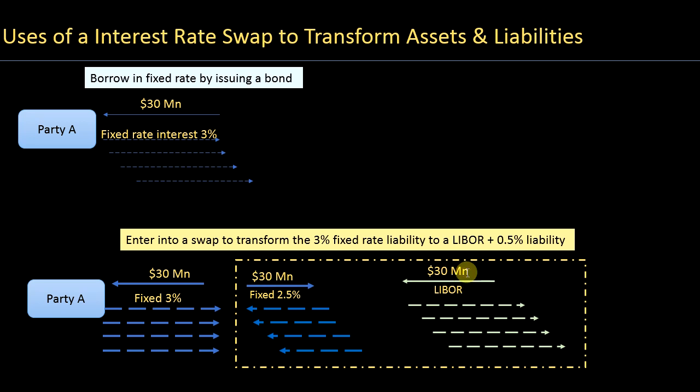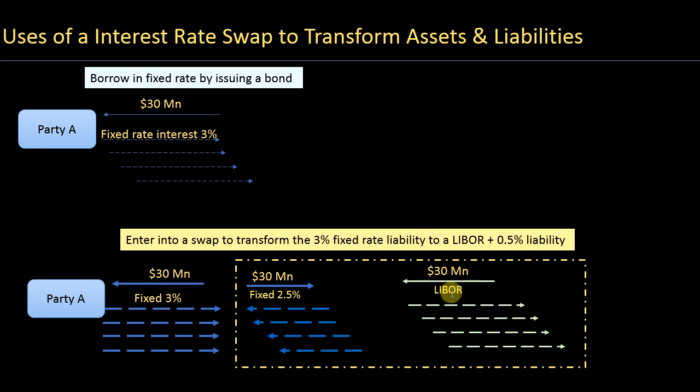So we don't actually exchange the notional principal. You can see firm A is receiving 2.5% as part of the interest rate swap and paying the floating rate, which is LIBOR.